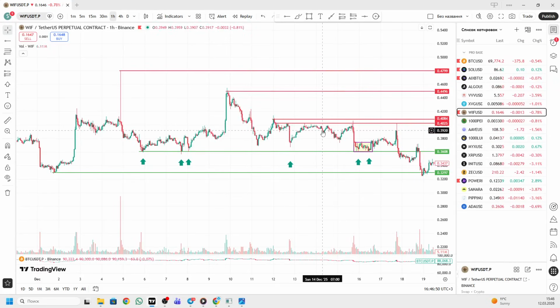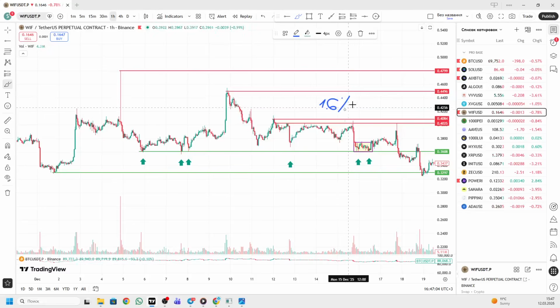Okay, so another important rule at the beginning, especially for beginners, the wick limit is 1.6% maximum. 1.6%. Please remember this. This is important. How do we measure it? You already know.